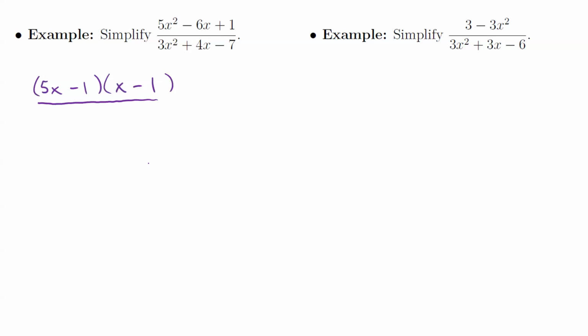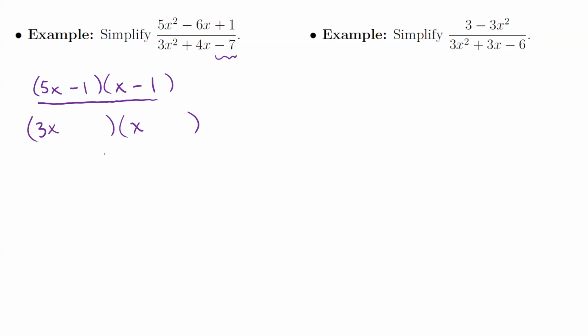All right, so here's where things can become a little bit easier. You know you're going to have a 3x here and an x here. There's a couple different ways to take -7 and place them in these two slots.